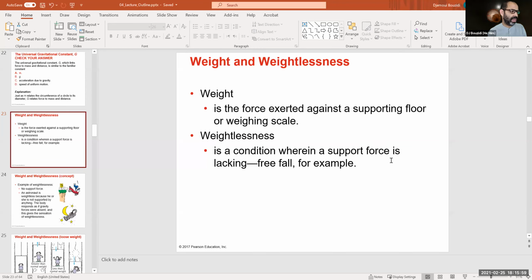The only thing we feel is the scale, how it's pushing back on us. So if we remove the scale and we're in free fall, we don't feel our weight, and we are in a state of weightlessness. It doesn't mean we don't have weight. We have weight all the time, whether we have the scale pushing back against us or not. Right now, if I'm sitting on a chair, I feel my weight. How do I feel it?